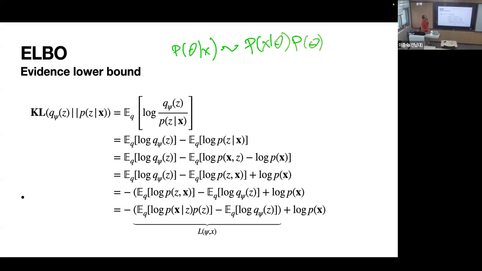So the equation on the right is the reduced Bayes rule, and we were solving it usually using Monte Carlo approaches. What this variational approach does is, instead of solving with Monte Carlo, we transfer this problem to a problem of optimization.